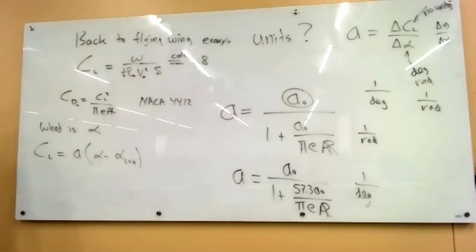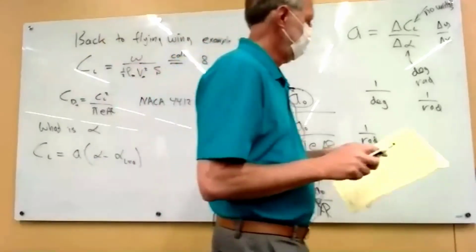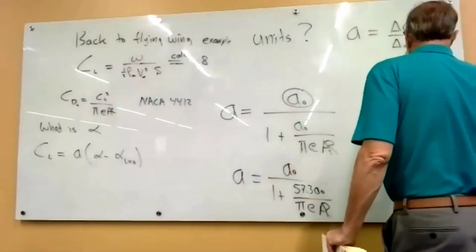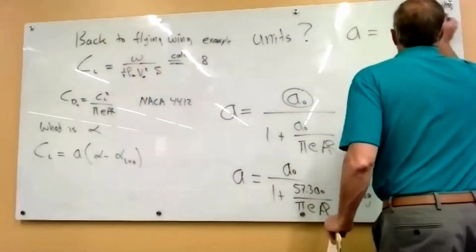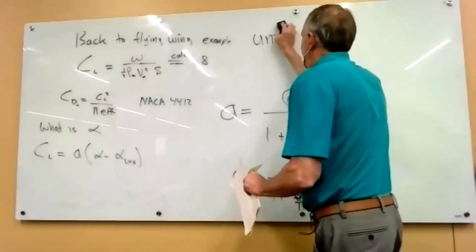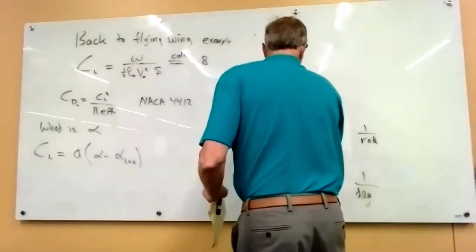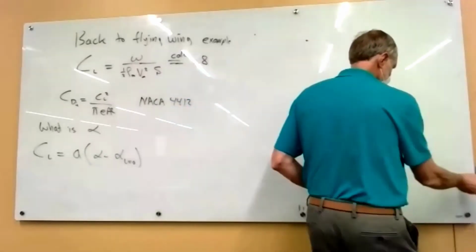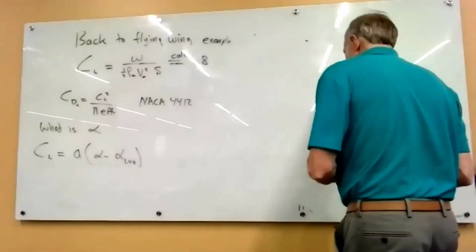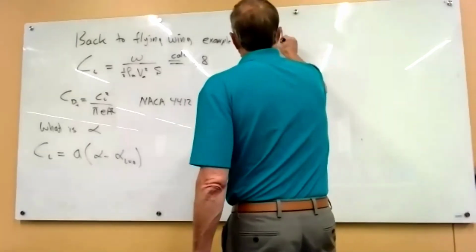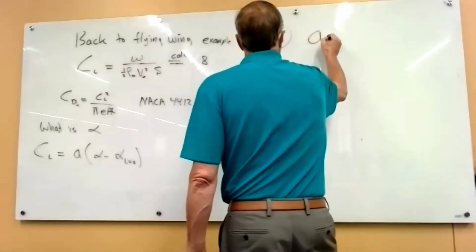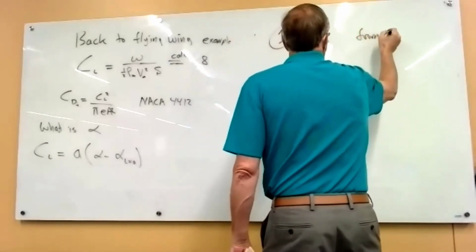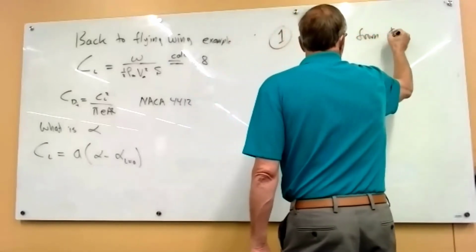Calculate A, stuff A in here, calculate alpha. So step one, get A0 from the table or the graph.